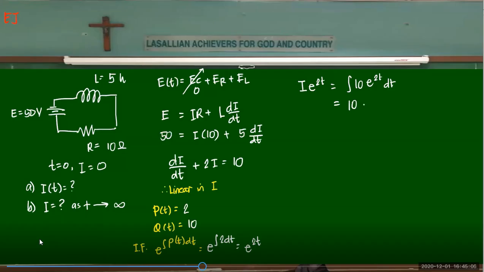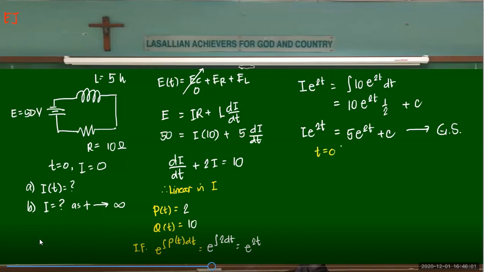Upon integration, that gives 5e to the 2t plus C, so I times e to the 2t equals 5e to the 2t plus C. This is your general solution because it still has a constant. Take note, guys, the C here is not capacitance.